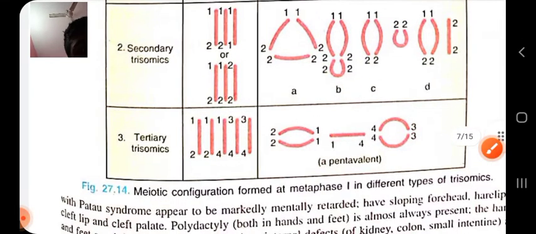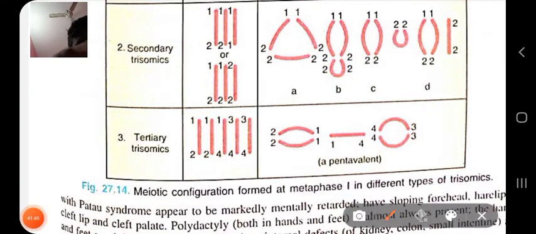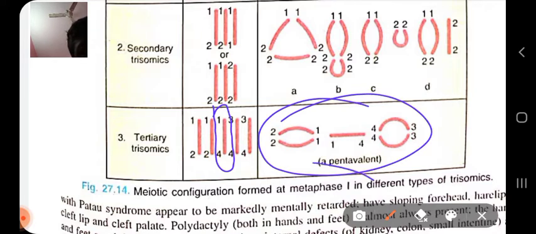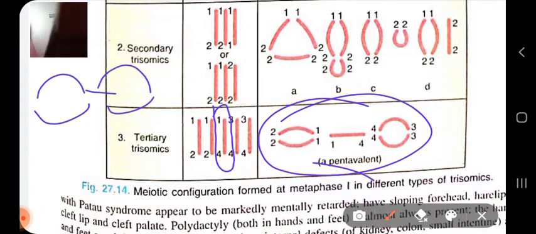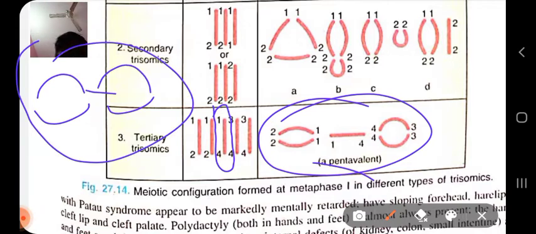And finally, if it is tertiary trisomy, where the extra chromosome is a translocated chromosome, they will be arranged in a pentavalent-like structure, which looks like this under the microscope, more like a dumbbell shape.